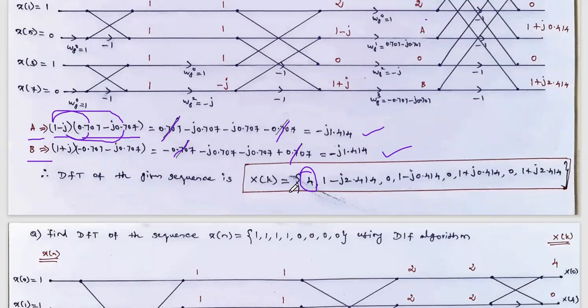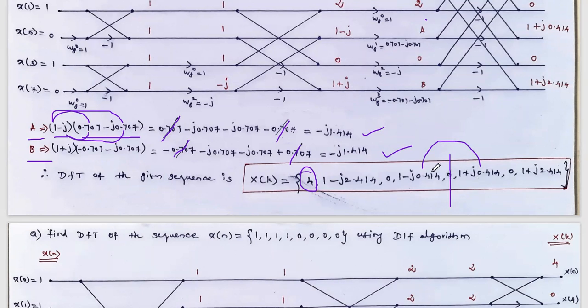Except this first answer, there are 7 samples remaining. In these 7 samples, you find the center value: leave 1, 2, 3 on either side, and this is the center value. With respect to this center value, the two sequences must be complex conjugates.